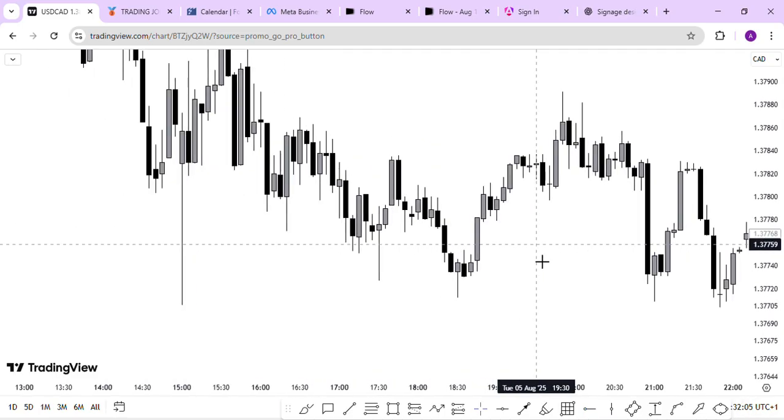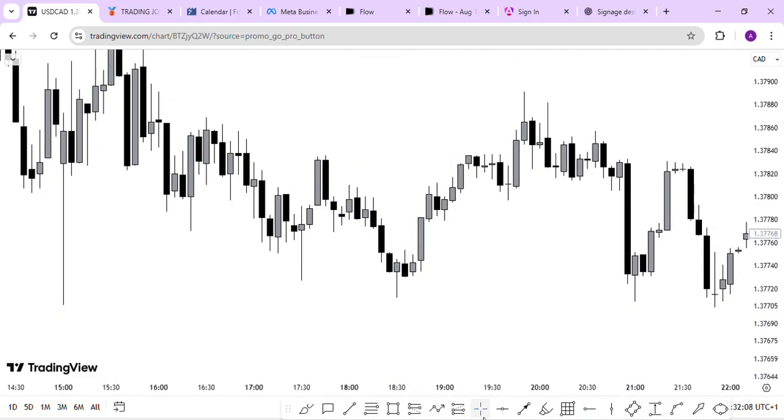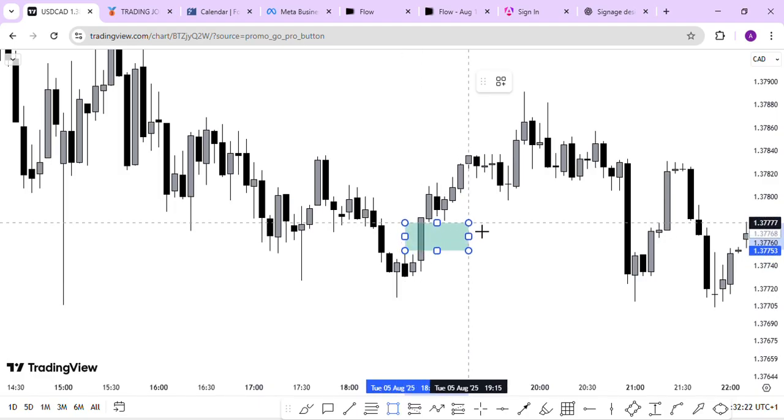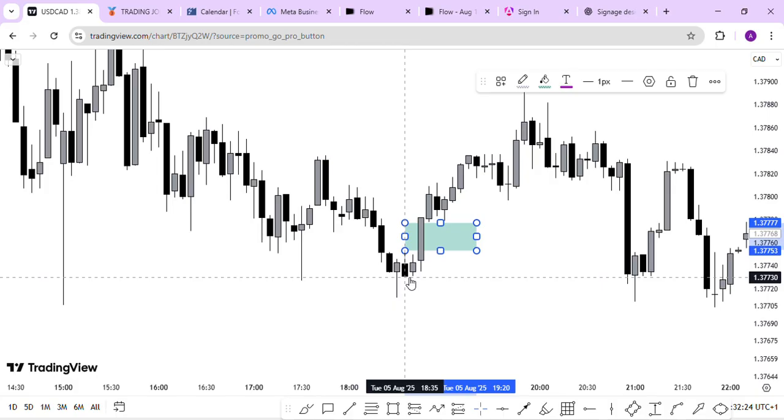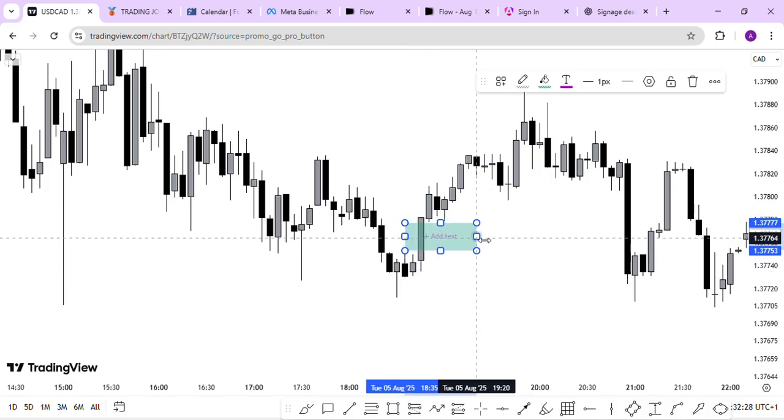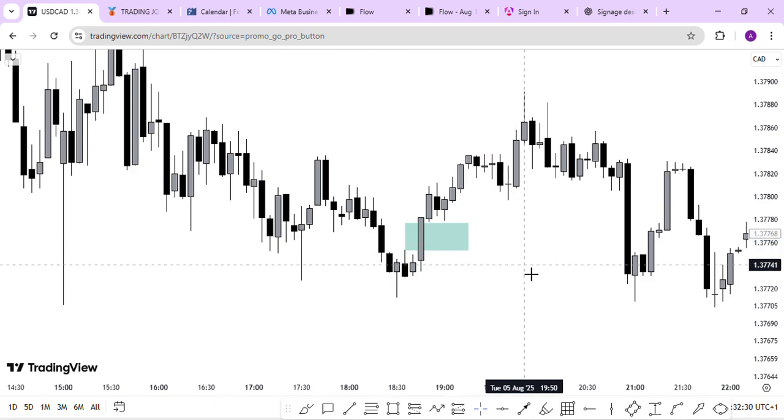When the market is pushing up, you can see this gap. This is the first candle, second candle, third candle, and there is no gap between them. But if you look at this red one, you see that it's higher than this, and the space in between here, because this now represents the first candle, second candle, and third candle, the space in between is what we call fair value gap.